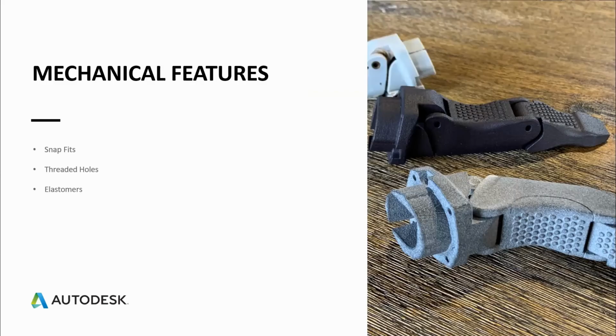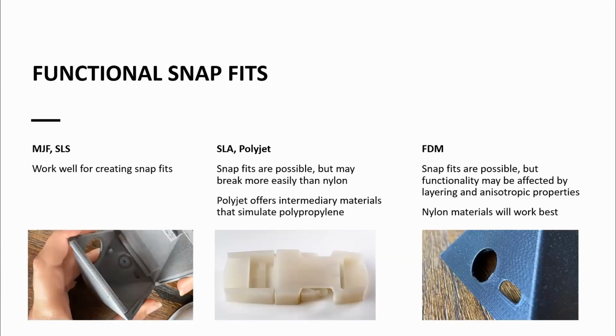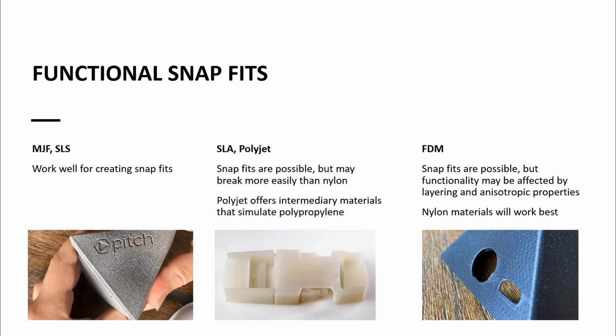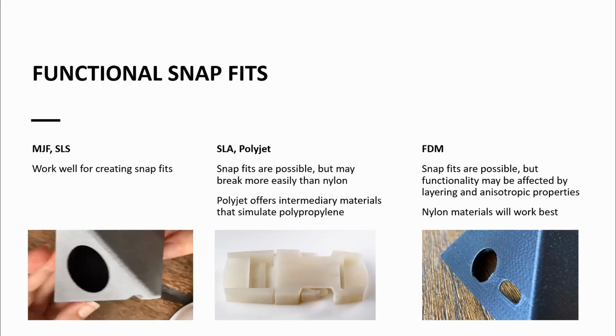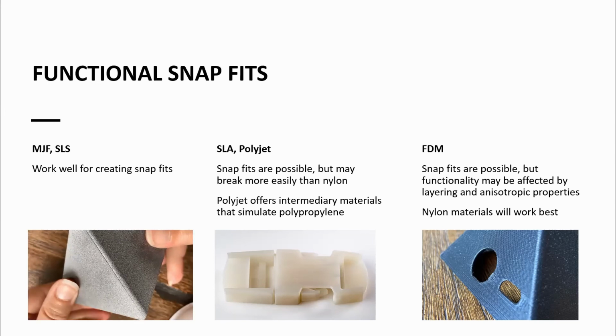Mechanical features are also a huge consideration when choosing which process is the best fit. For example, snap fits are a very common design element in prototyping. With snap fits, MJF and SLS are a really great fit because the nylon material creates good mechanical properties, and SLA and Polyjet can also be a good fit.